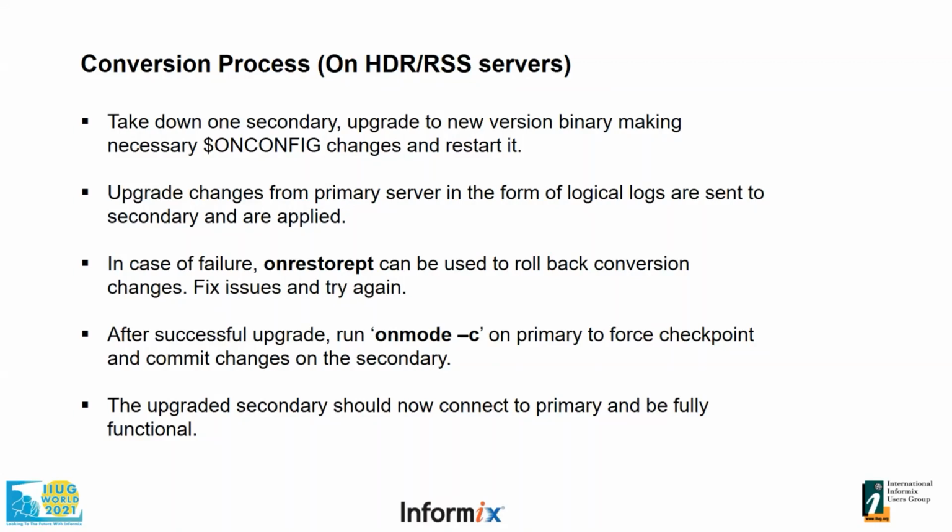The primary and the secondary will have a handshake, checking if the log sequences are in sync. If they are not, the primary will send the logical logs to the secondary, and those will be applied to make them in sync, right? In case there is a failure, then the same process applies due to the conversion guard setting.